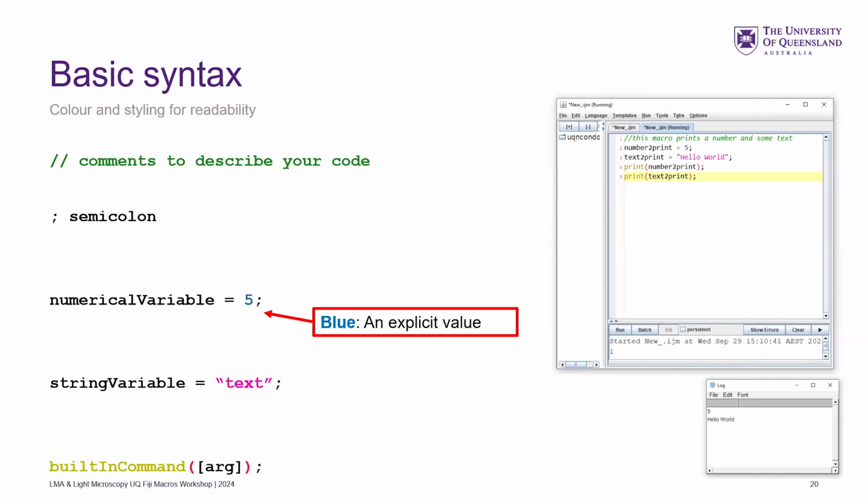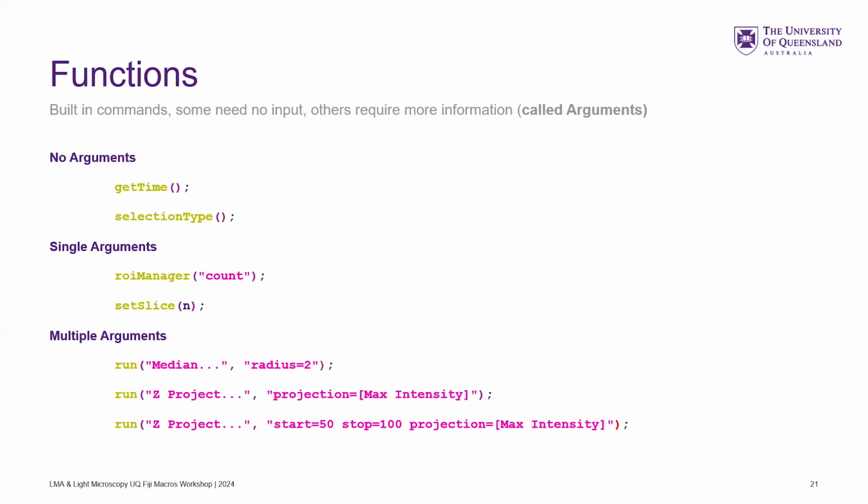Functions are built-in commands that don't really need an input. They can have arguments as well, and they can have multiple arguments. So if you ask Fiji to get the time, you don't need to tell it, get the time now. It'll just do it, get the time, and then it reports back the time.